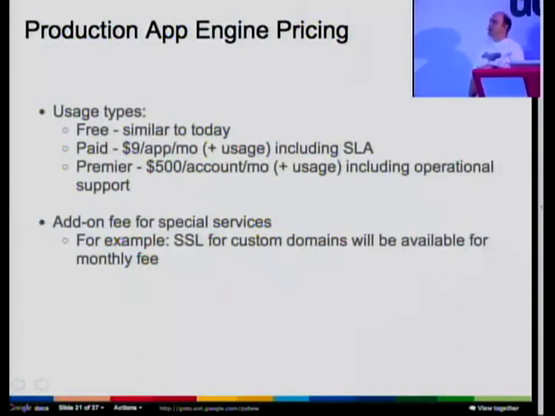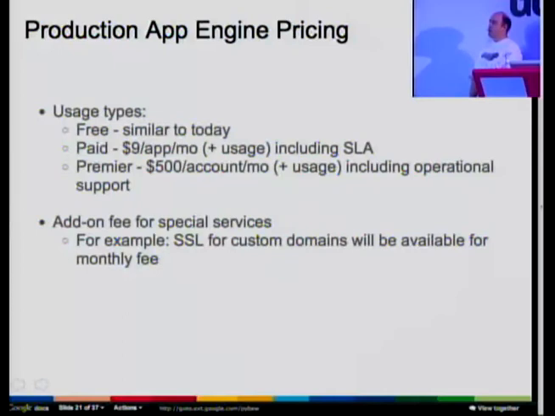This does provide an SLA, but it does not have support. And then, of course, the Premier, which is what we expect our enterprise customers to have, is essentially $500 per account per month, plus the usage, which I'll explain. The most important thing for them is the operational support, so they can call or log a ticket and have anything addressed. Okay, and then there are additional add-on fees for special services.